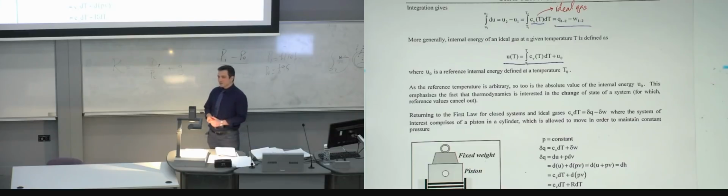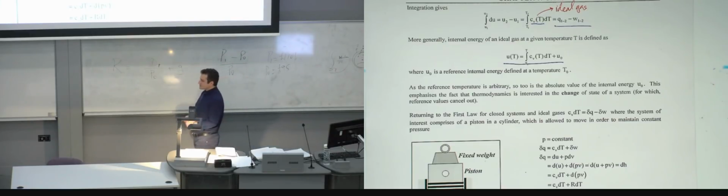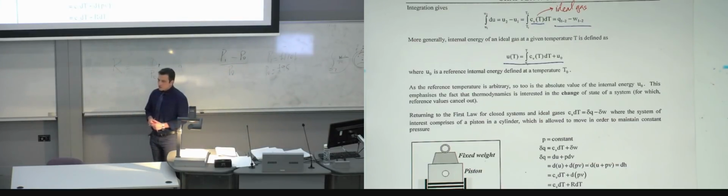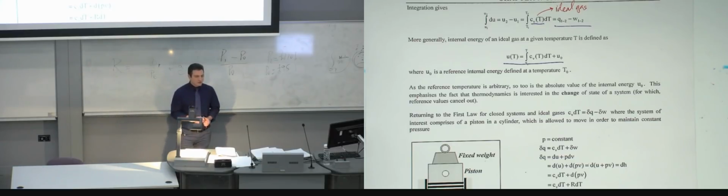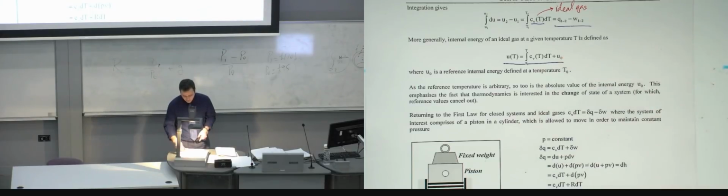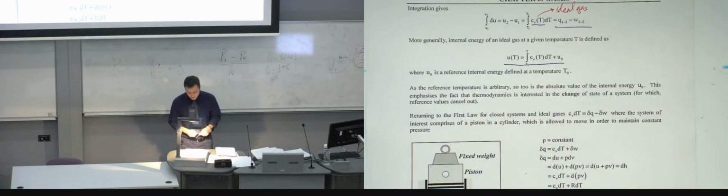Well, the reference temperature or internal energy really isn't that important, because we're not interested in the absolute values of temperature or U. We're normally interested in the difference, delta U, delta T, etc. Therefore, it doesn't matter what reference number you use, but that's just a way of writing this in a more generic form.